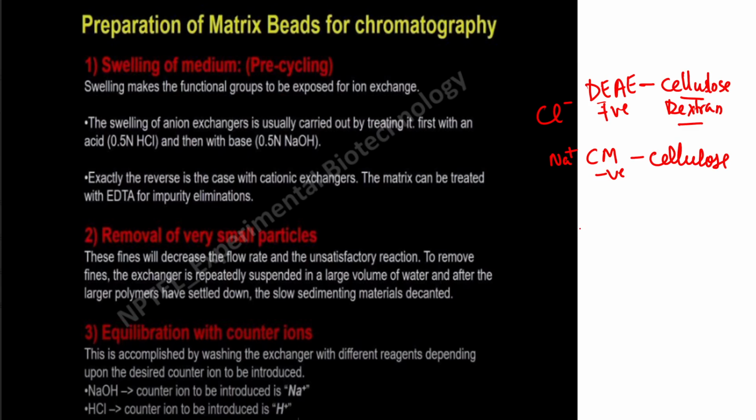Other than that, if you want to immediately use the matrix for your protein separation, you will equilibrate the beads with the particular buffer, whatever mobile phase you are using for the binding and for the separation. The binding mobile phase will be added onto the column, so that the whole column is now in the environment of the binding buffer.